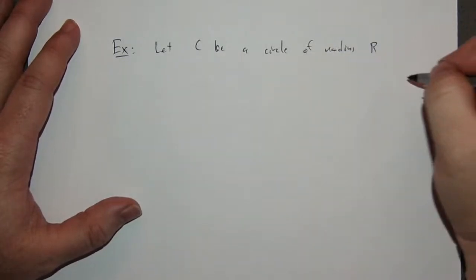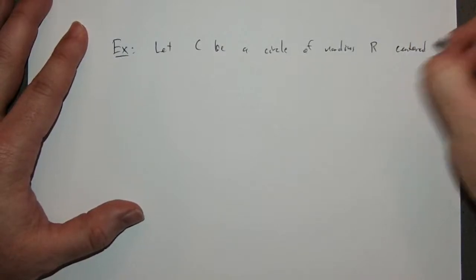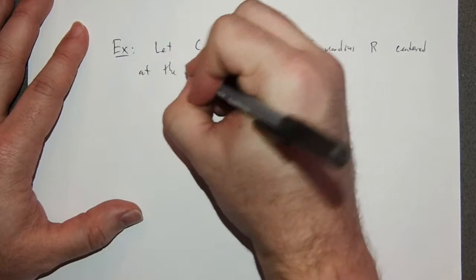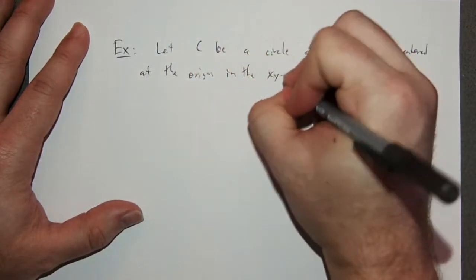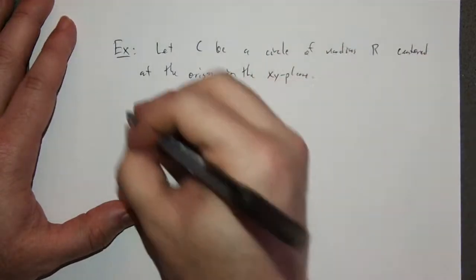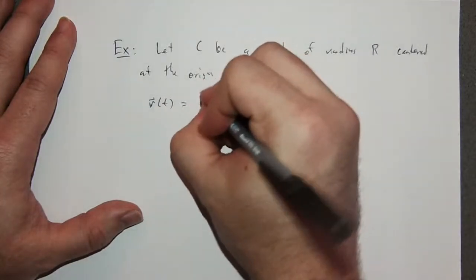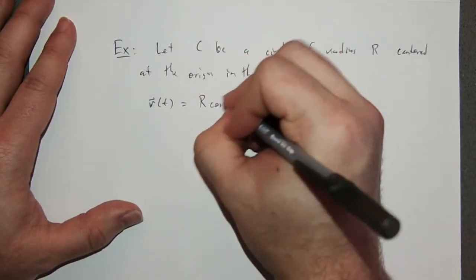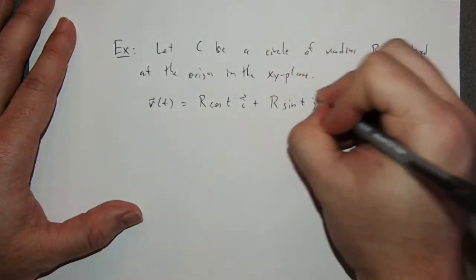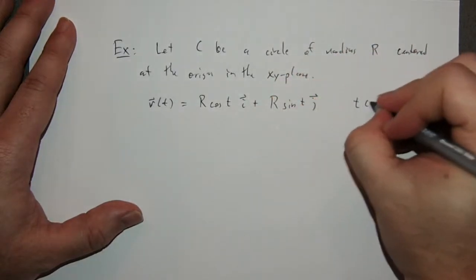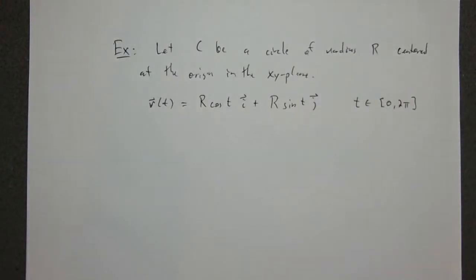So let C be a circle of radius capital R centered at the origin in the xy plane. And so we already know a nice parameterization for this. So this is r of t equals big R cosine t i plus big R sine t j, where t is 0 to 2 pi. Okay, there's our curve.